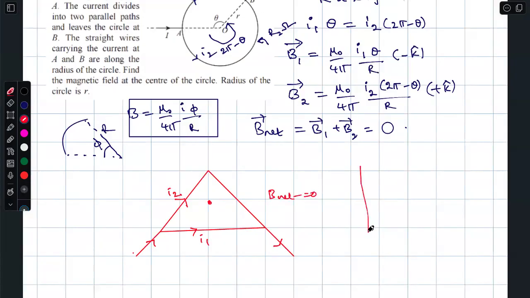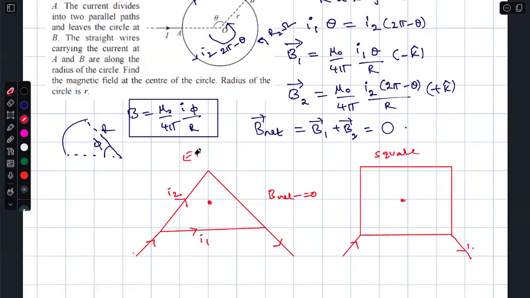Even for a square frame also, remember when I am writing this, the entire wire is of uniform length. Even in this case also, at the center, square, ఇది ఈక్విలేటరల్ ట్రయాంగిల్. ఇక్కడ కూడా B net 0. ఓకే, కాన్సెప్ట్ ఫాలో అయినట్టేనా?